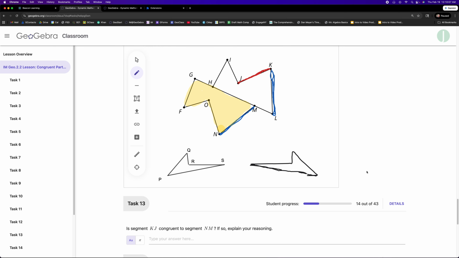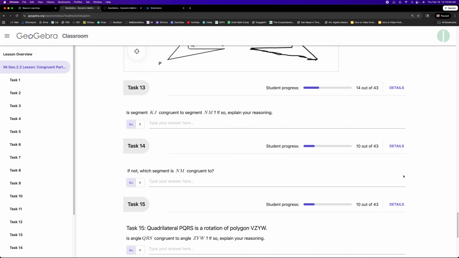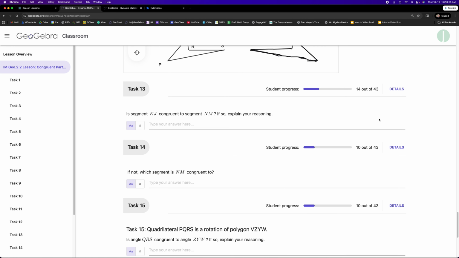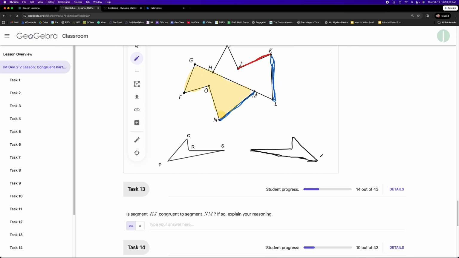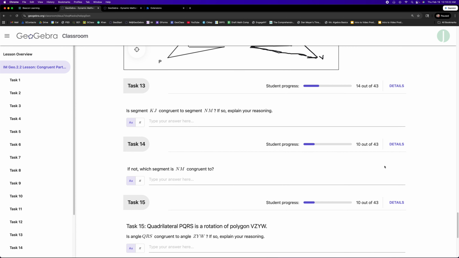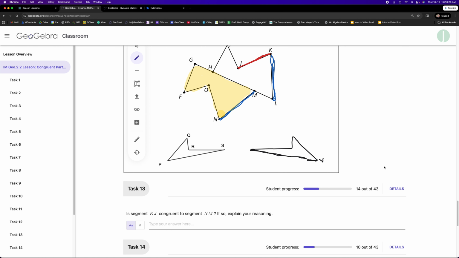You get the idea. Okay, now, it says VZYW, which means that V has to correspond to P. So that means that this is V. Z has to correspond to Q. Do you guys see what I'm doing?